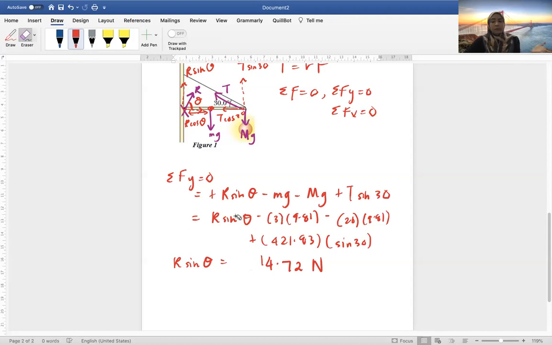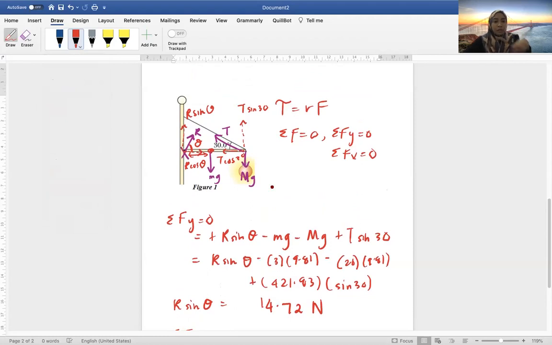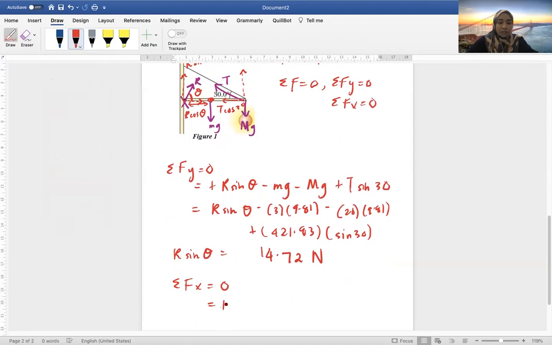Okay, so I don't know what my angle is. I still don't know. I just solved for R sine theta, but that's okay. Let's proceed. Next, I will solve for my Fx. What is in my x direction? First, I write the condition. Always write your condition. Second, what is in your free body diagram? You have R cosine theta to the right, so I'm going to say that is positive.